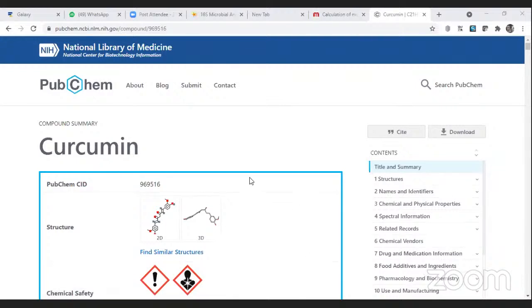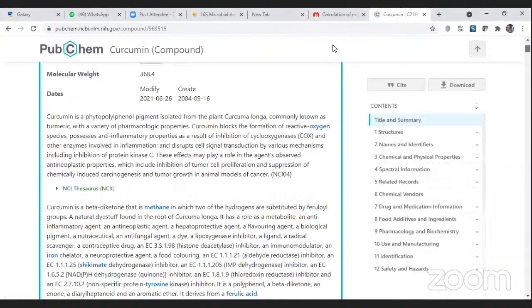For example, I am selecting one particular compound, curcumin. What I need from here is the SMILES code.